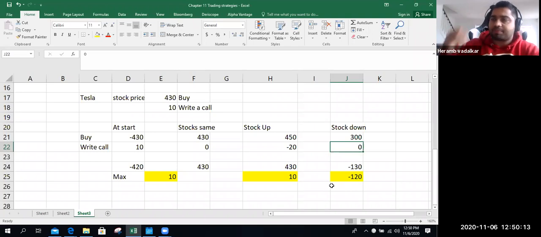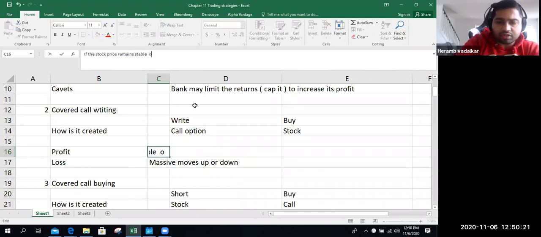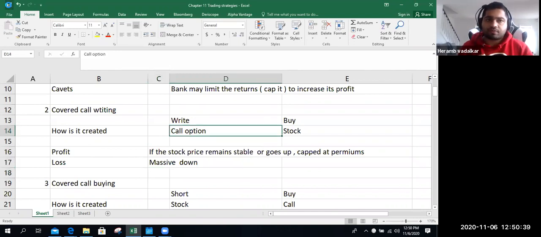Your profit is capped at $10. Okay. So profit, if the stock remains same or goes up, but it is capped at premiums. Loss when stock goes down, massive movement downwards.